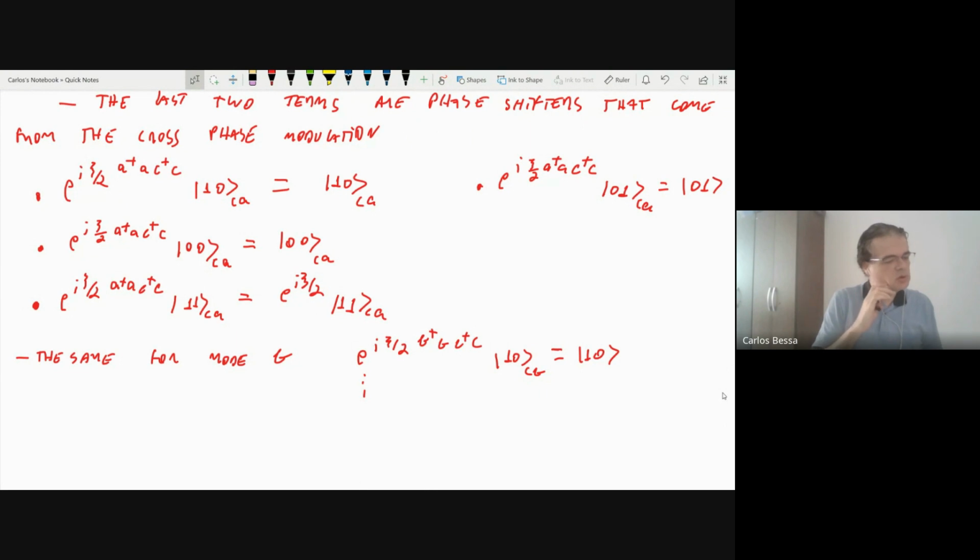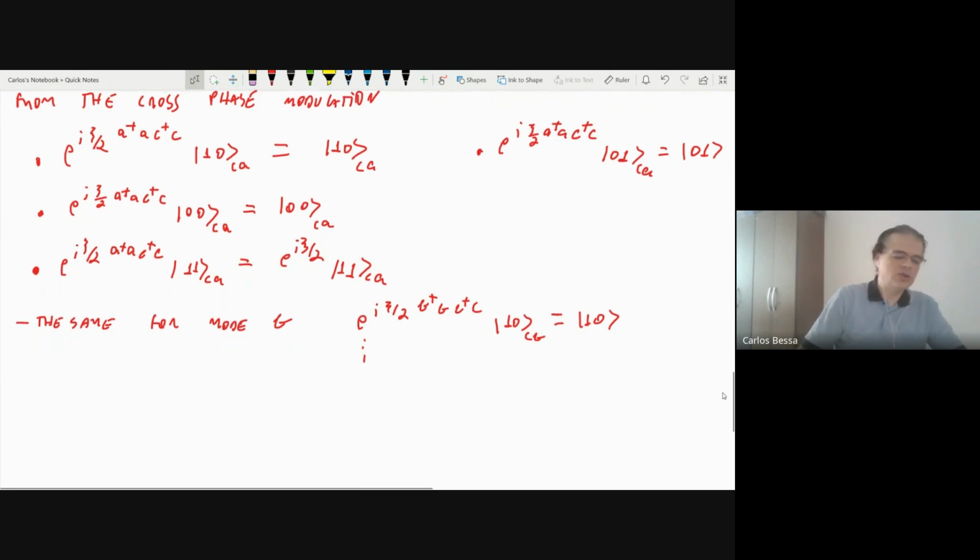So all these effects contribute only with a phase. So they are not at all fundamental.